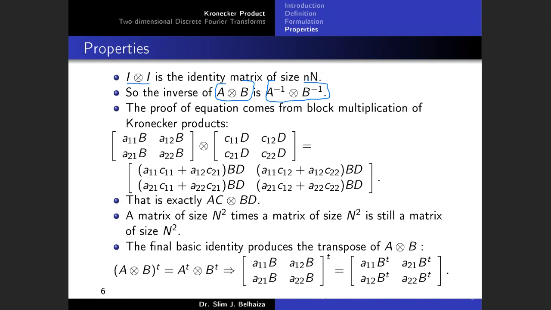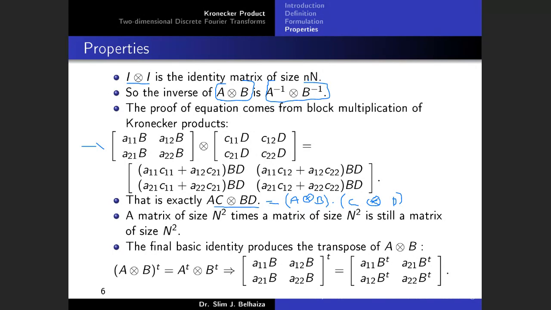And the proof of that equation, that (A⊗B)(C⊗D) is equal to AC⊗BD, can be easily checked. Okay, let's check it, guys.